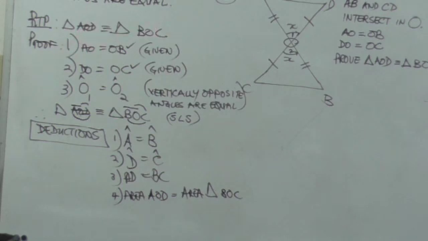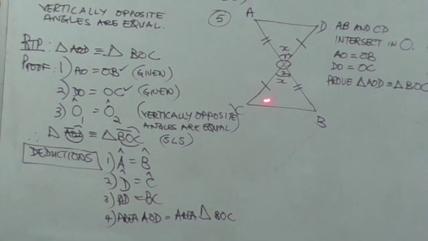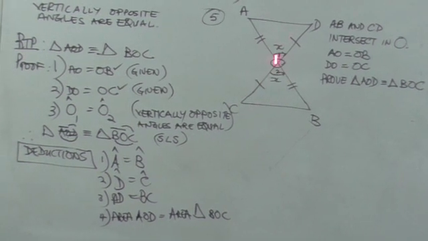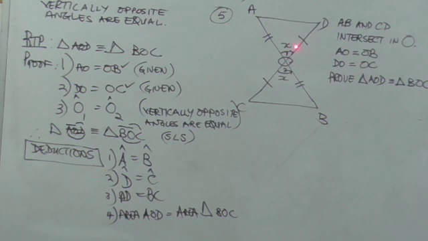So, in this example, we're showing you that everything will not be given. These angles were not given. And we had to use our geometry and find that answer. So, there we are. Some things will be given in some examples and some things will not be given. You have to use your geometry and find out what are the other equal angles or equal sides.